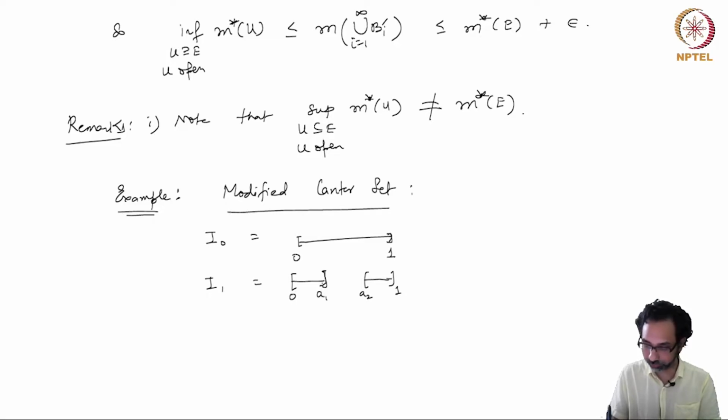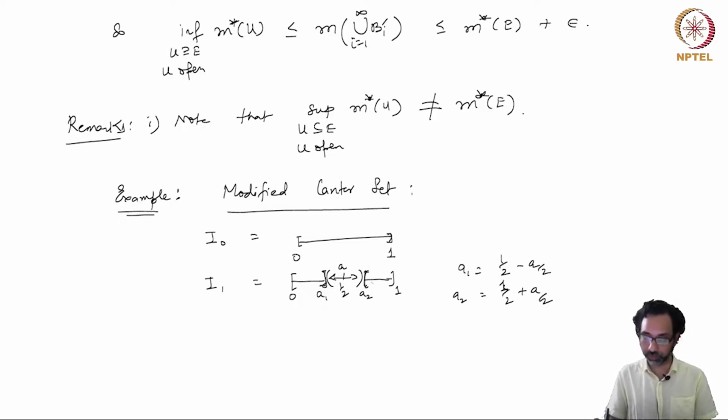These are all closed intervals, but the middle one has length A. So this is centered at the point half and has length A. So A1 is half minus A by 2 and A2 is half plus A by 2. In this way we have removed a subinterval of length A centered at half.